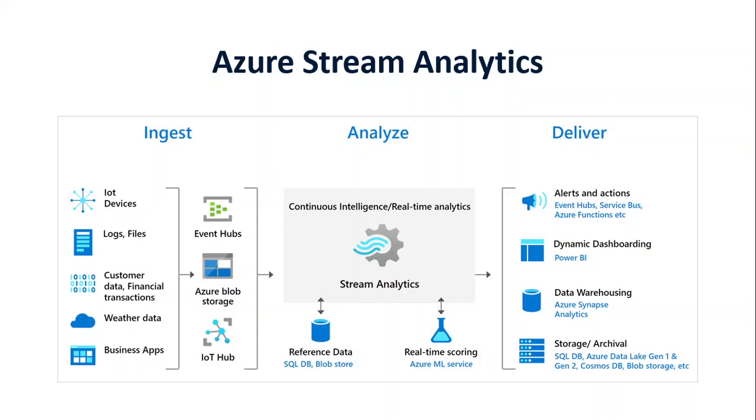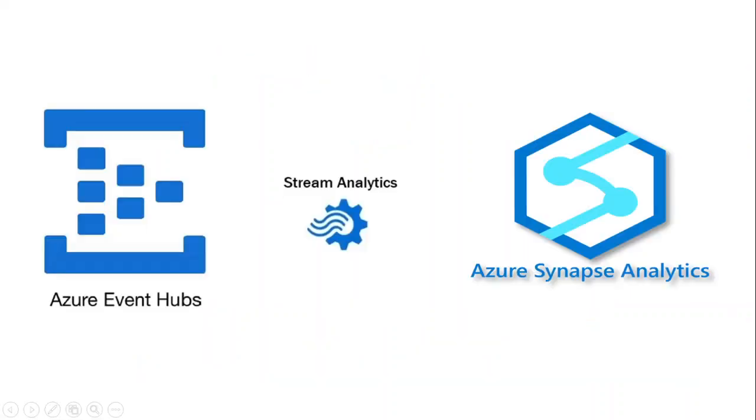And the last is the output, or you can say the Stream Analytics output topology, which can have one or more outputs for the transformed data. So the transformed data which we get from the query can be output to one or more sources. And here you can see we have a big list of output sources where we can deliver the data.